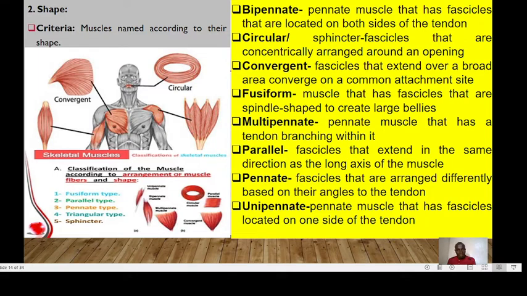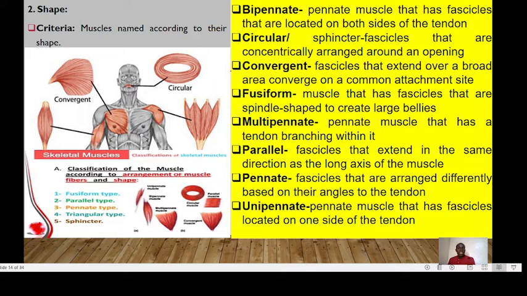Remember, the bipennate means that the muscle has fascicles that are located on both sides of the tendon, right? While the circular or the sphincter, it means that they are concentrically arranged around an opening. Sphincter, circular. Convergent, these fascicles extend over a broad area to converge on a common attachment site.